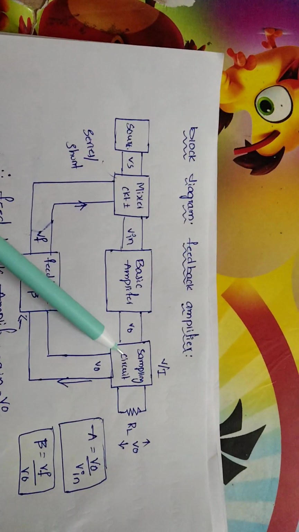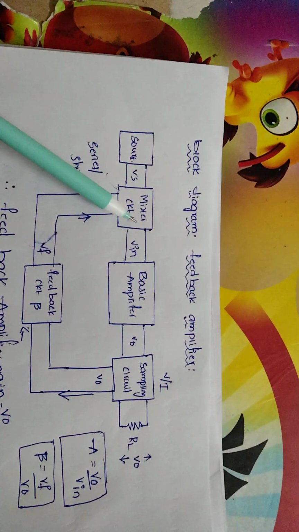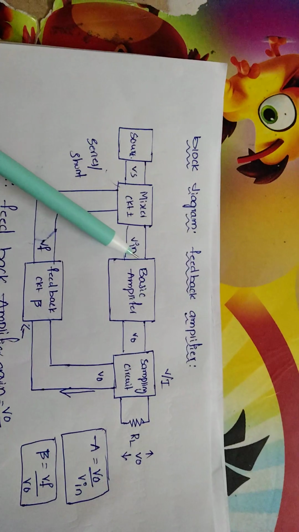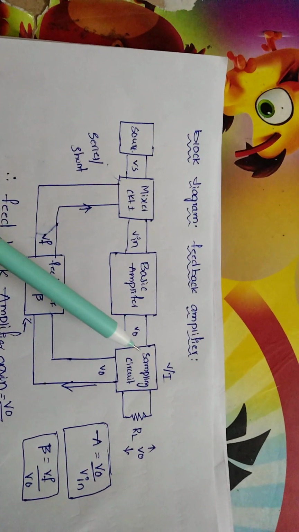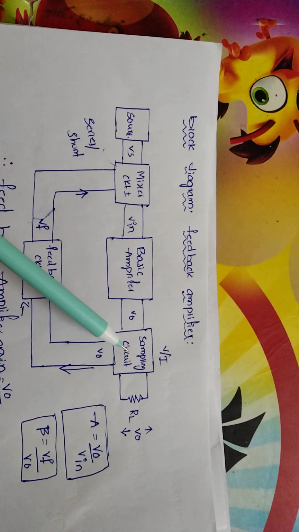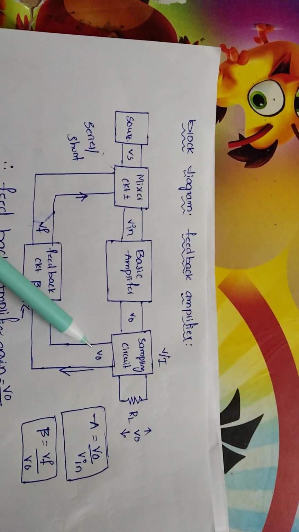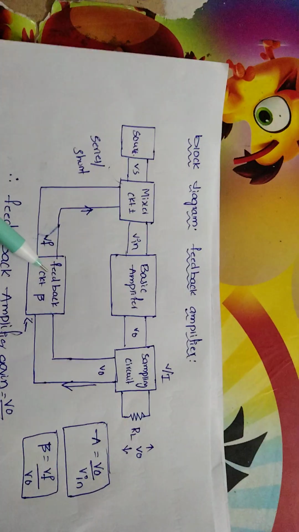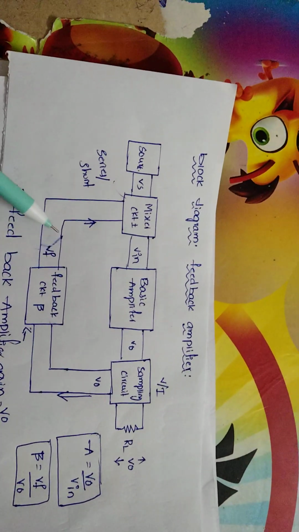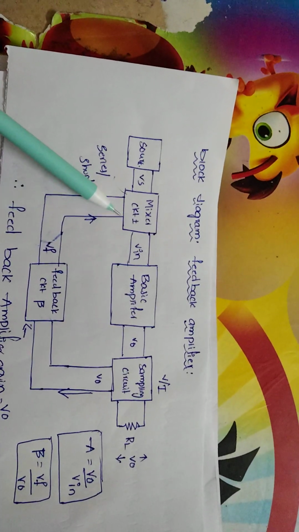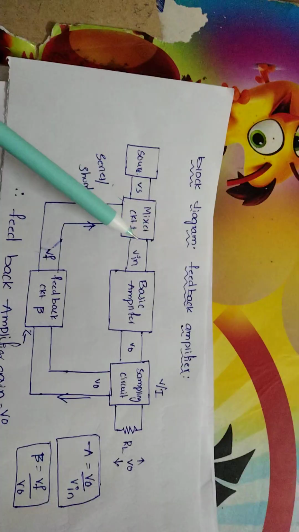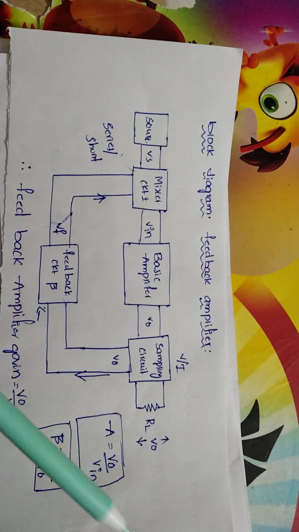We send the source voltage to the mixer circuit as the input voltage, then the basic amplifier gives the output voltage. The sampling circuit takes the output voltage and gives the feedback voltage, represented by beta, which is fed back to the mixer circuit. We call this series or shunt mixing. We have two formulas.